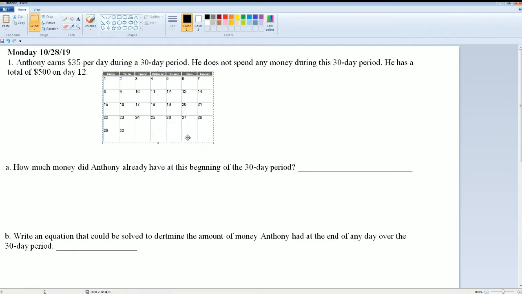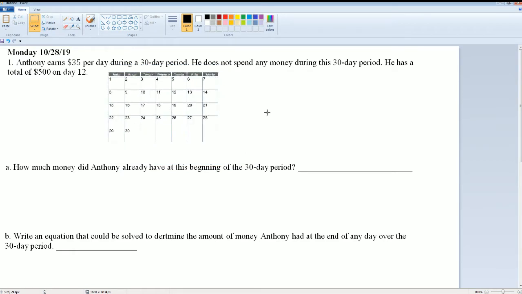Okay. All right, so on the 12th day, it says he has $500. So on the 12th day, he has how much? $500. And we know that he gets $35 per day.